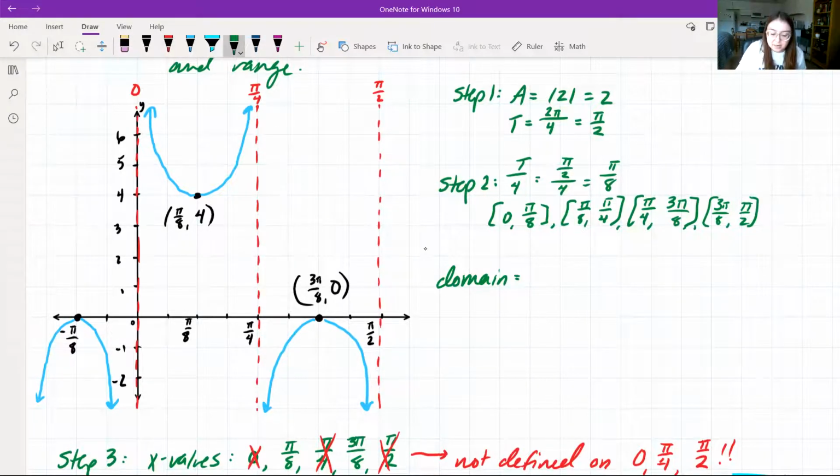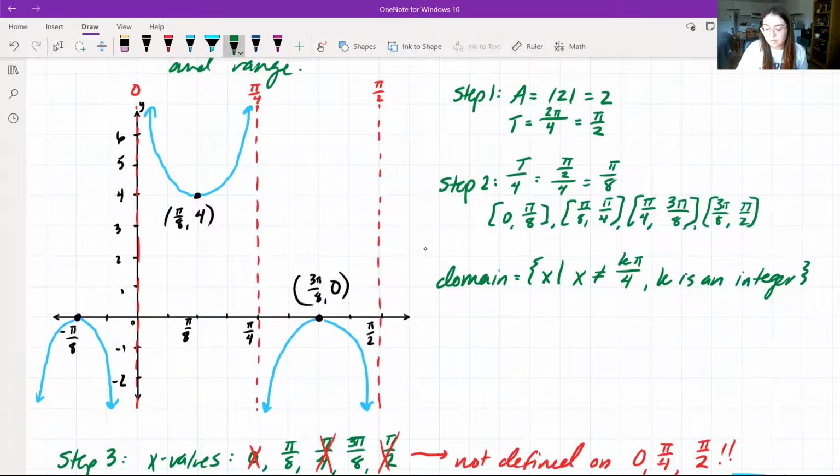So when we write our domain, once again, our domain is corresponding to x, so we have x, where the property on x is that x cannot be equal to k pi over 4, where k is an integer. So no integer multiples of pi over 4 is what we're seeing here.